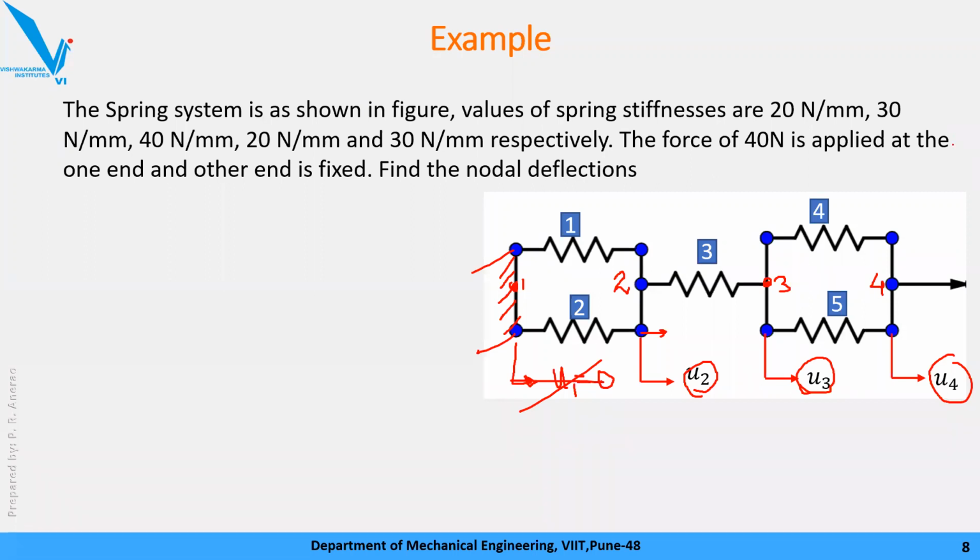To find this, you know that if there are 3 unknowns, I need to come up with 3 equations. So how do we get these 3 equations, and which is the governing equation? Who will derive this equation? If you recall the formula F equal to K times U, you must have learned that spring stiffness is equal to force divided by displacement, delta.